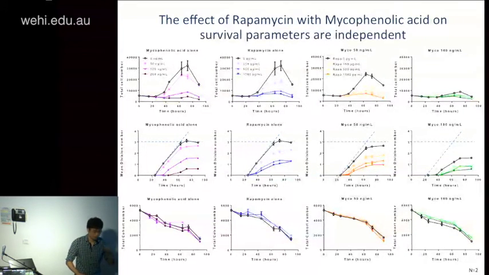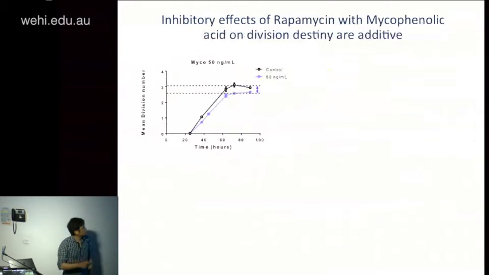But the question is, are their effects in combination additive, or are they synergistic? So we explored various rules on how we can calculate the effects together. The first rule we tested is the additive rule.